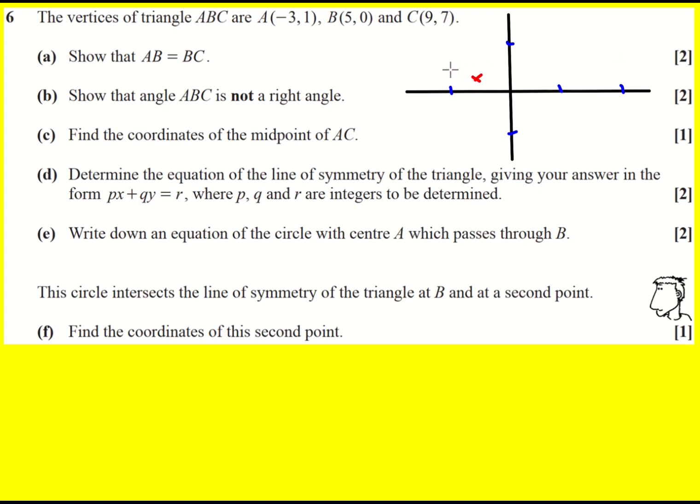That can be my A. And then 5, 0 here. And then 9, 7. Let's connect these up to make our triangle.